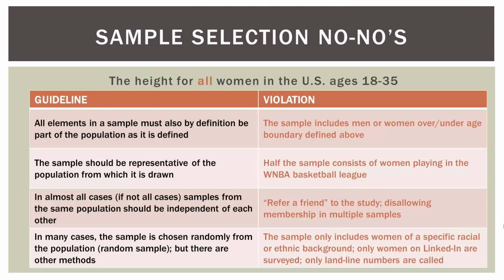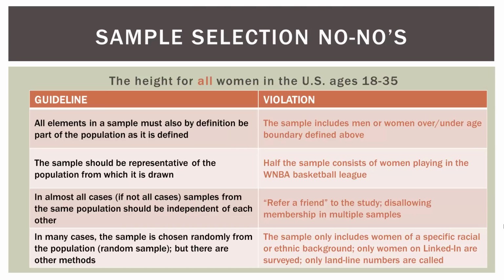Now, there are other women of different ages. There are women in different countries, of course, but we are defining our population as it is stated above. Now, how can we violate that? Well, if the sample includes men, that's obviously going to violate this guideline. If we include women that are below 18 or above 35, even though they do exist, that is going to violate the way in which we defined our population above.